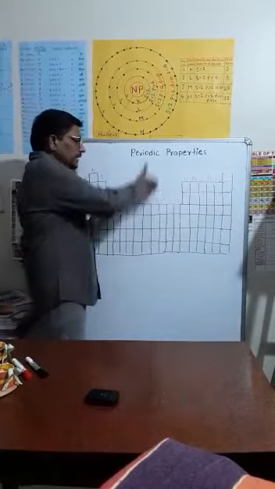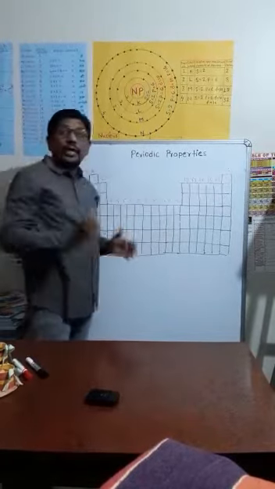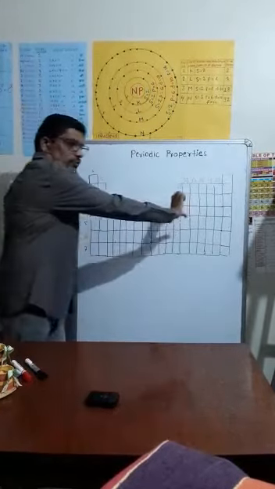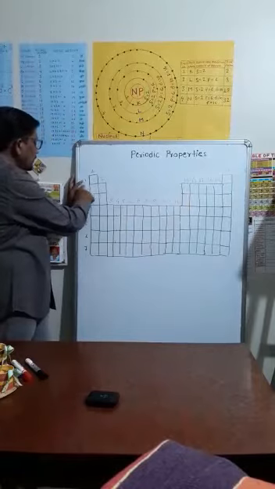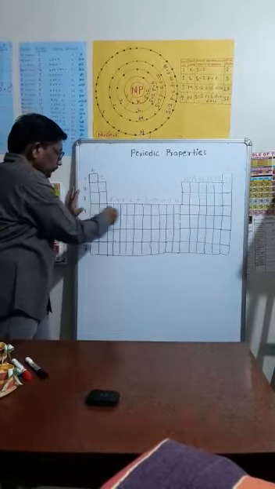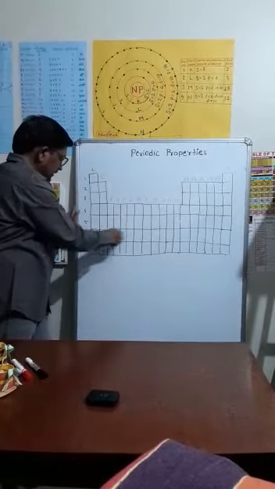These 18 vertical columns are known as groups. And there are 7 horizontal rows: 1, 2, 3, 4, 5, 6, 7.